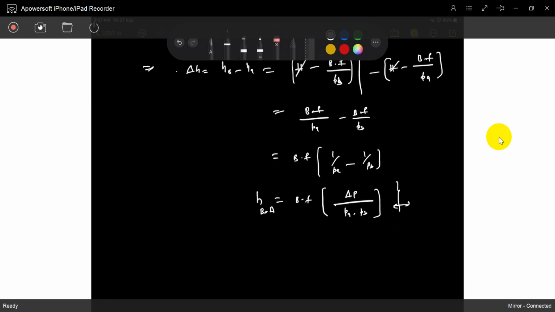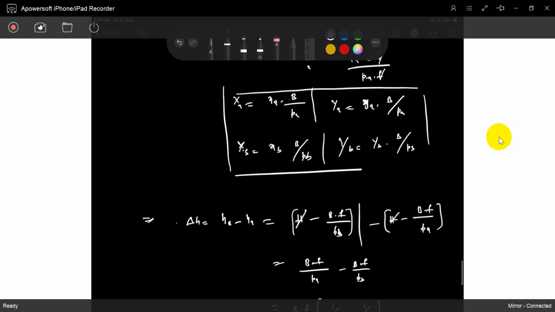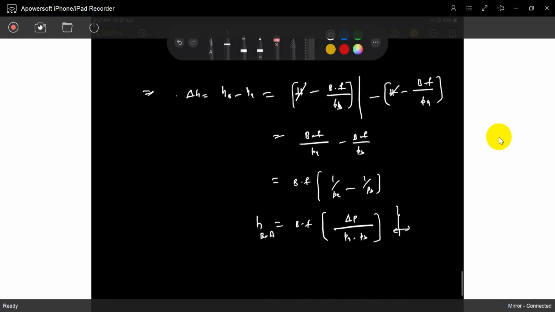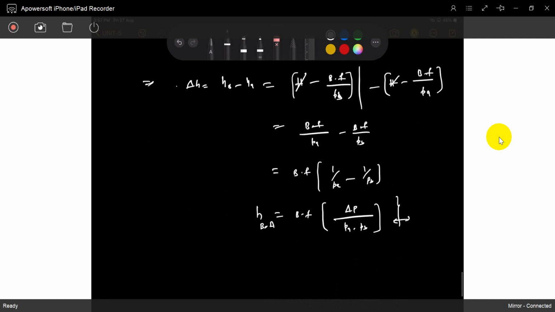You can derive any formula in terms of anything. We already know so many formulas are there, you can develop anything. So no need of so many formulas. That's enough. Got it? That's the thing I require.